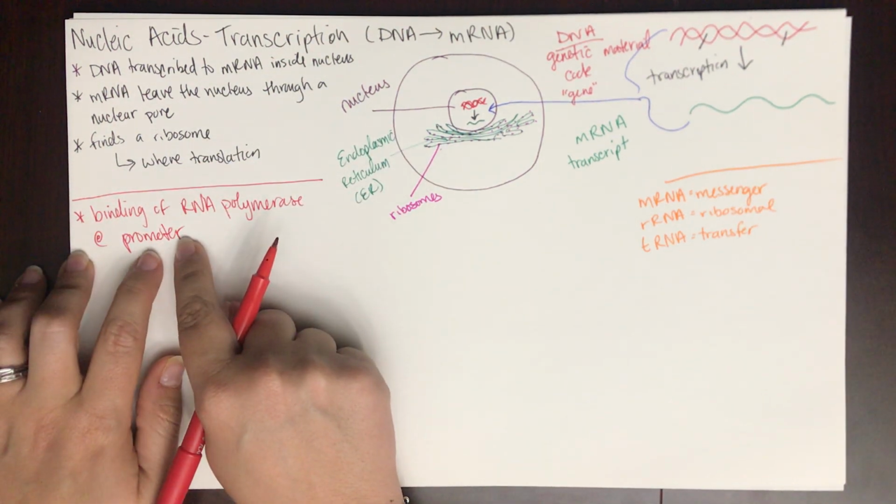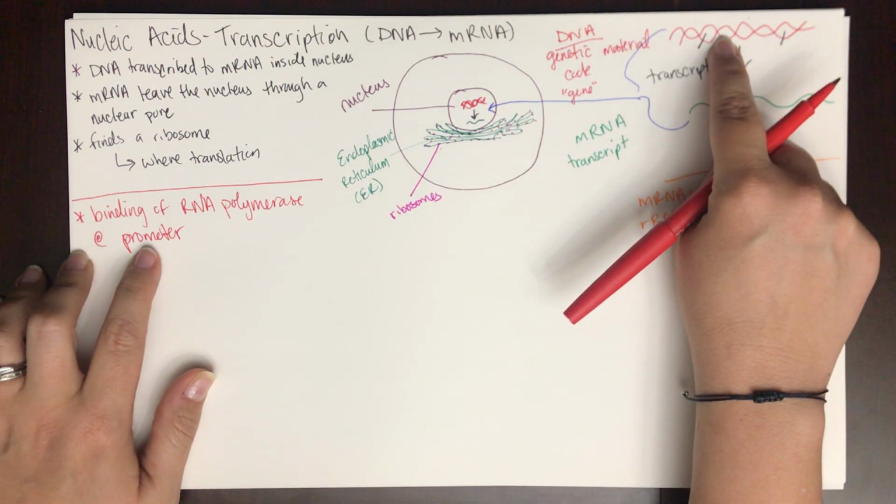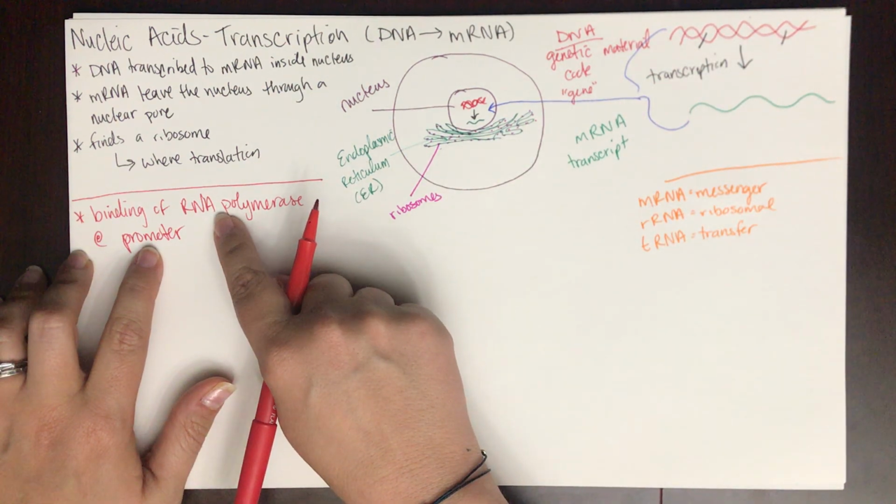The promoter is a site on the DNA that's going to promote transcription. This is where the RNA polymerase is going to bind.